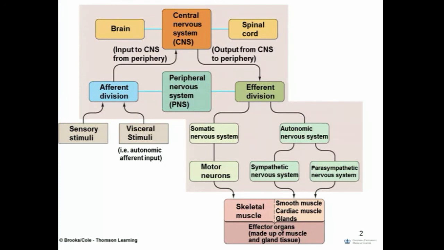An efferent nerve is some sort of effector or command or motor nerve. It is conveying some sort of command or effect that originates in the central nervous system and then goes out to the body. Okay, so afferent is sensory, efferent is command or motor.